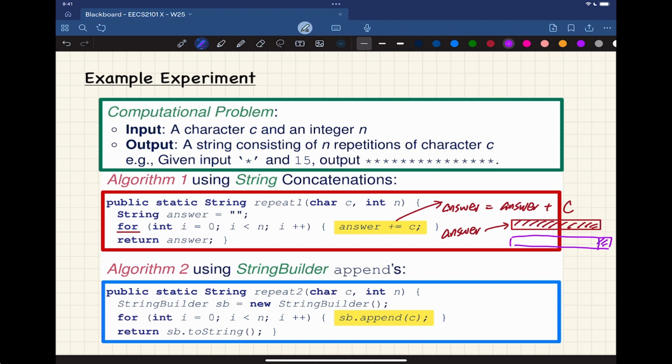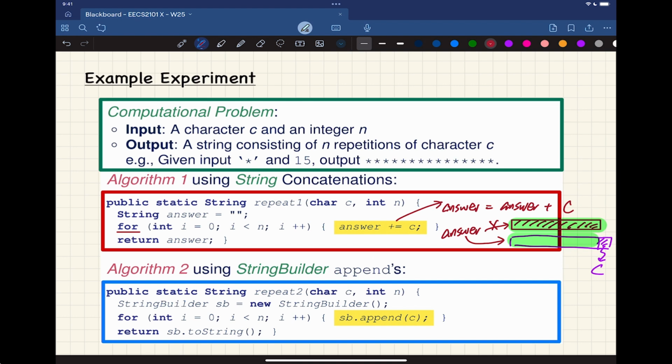That one there is going to take the extra character C. At the same time, you're going to run another loop yourself to actually copy this part here into this part over here. That's how you create another repetition that's one character longer. After that, you're just going to reassign answer from here into here.